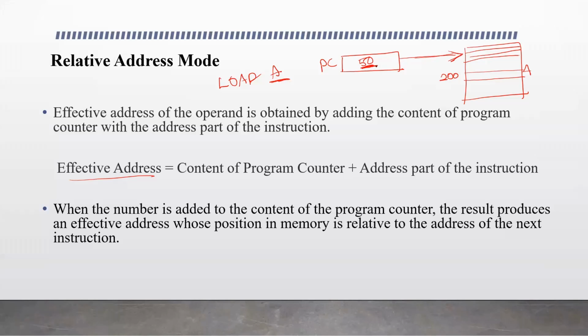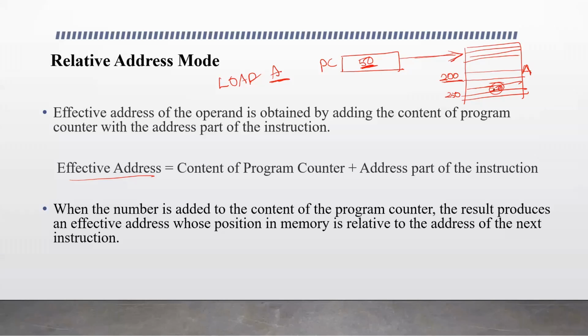Our instruction is load A, where A is at address 200. Now this address is added to the program counter. So 200 plus 50 gives 250, and at this place we will have our data. Let's say our data is 20.